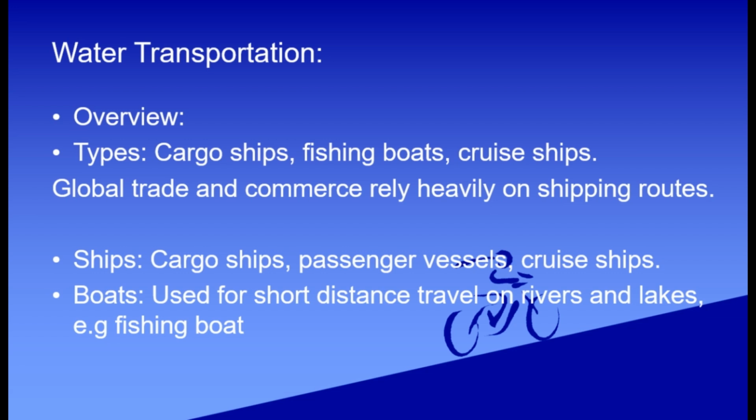Yes, it is used within countries, but most importantly, it is used for international trade. Some of the facilities we use include cargo ships, fishing boats, and cruise ships, and we also have other forms, whether used for short distance or long distance.